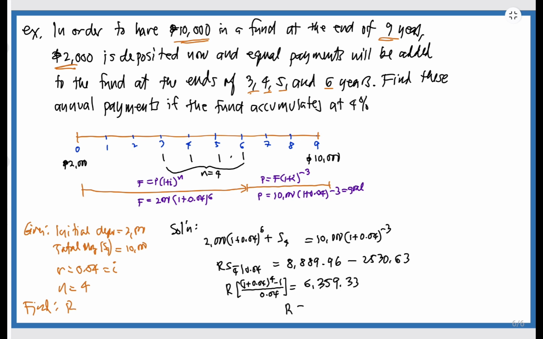So therefore, R is equal to 6,359.33 divided by, how much is this? 1.04 raised to 4 minus 1 divided by 0.04 is 4.246464, which is equal to, divide, 1,497.56.